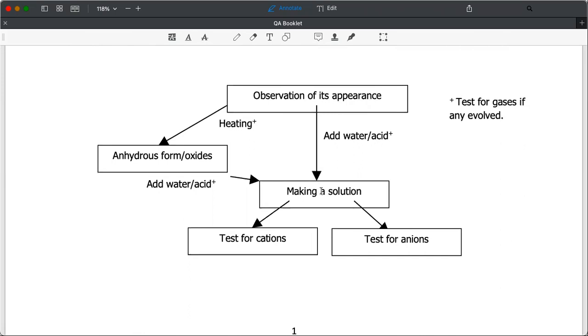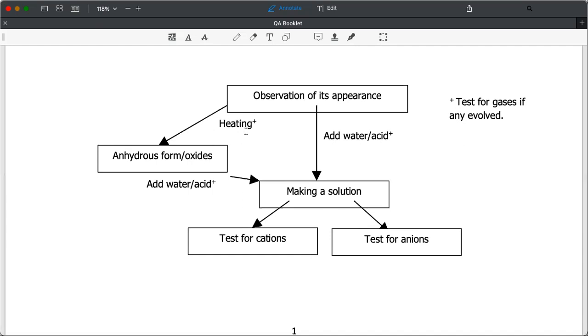So to make a solution, there are two ways of doing it. Number one, based on the solid given, you will be required to dissolve the solid with either water or acid to make it into a solution before the solution is used to do further testing to test for cations and anions respectively, using precipitation reactions or other reactions like acid-carbonate reactions.